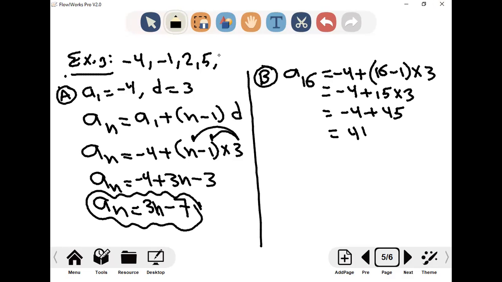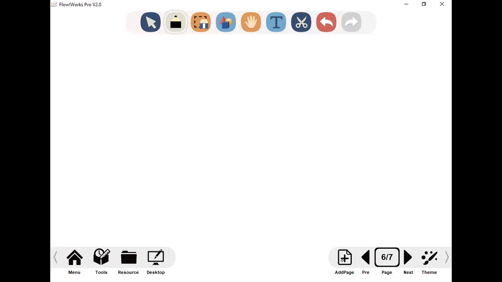Okay, guys. Take this exercise for you, copy it in your copybook and solve it.